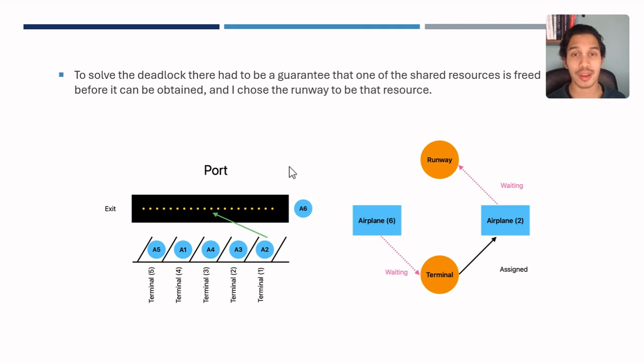If there isn't, they are going to be stuck queuing out of the runway, at the entry of the runway. This allows any airplanes in the terminal to go into the runway, thereby freeing the terminal resource and hence solving the deadlock.